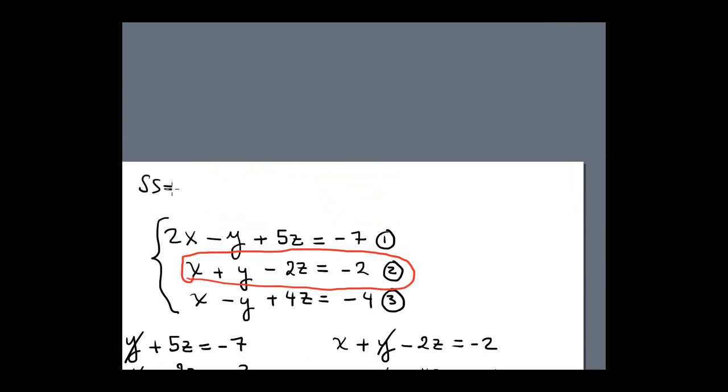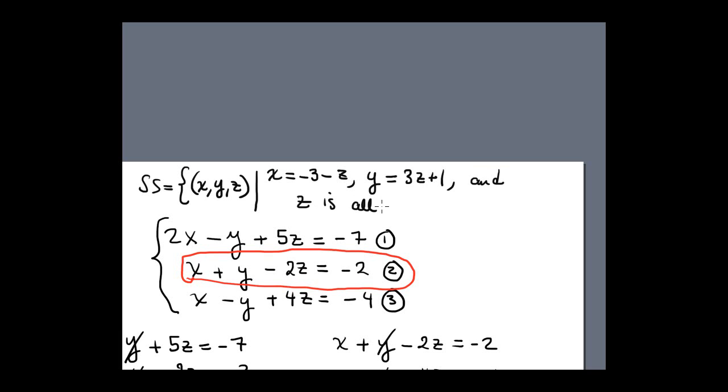All the points in 3-dimensional space such that x is equal to negative 3 minus z, y is equal to 3z plus 1, and z is a free variable, all real numbers.